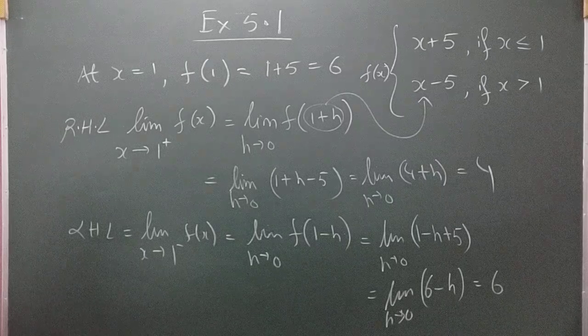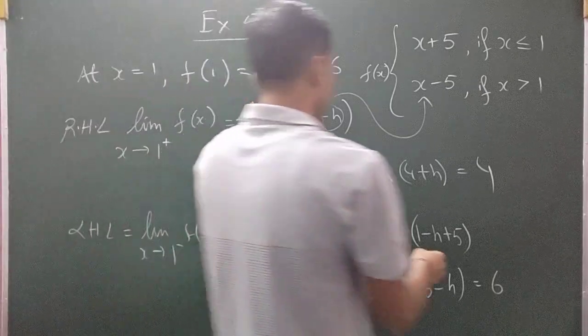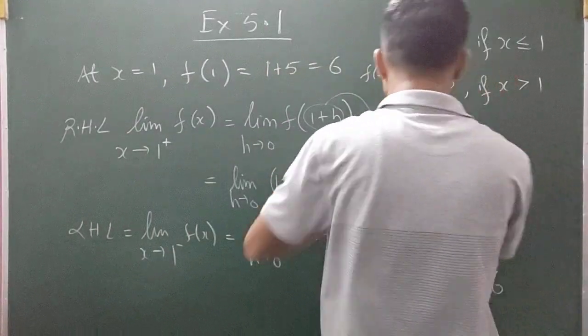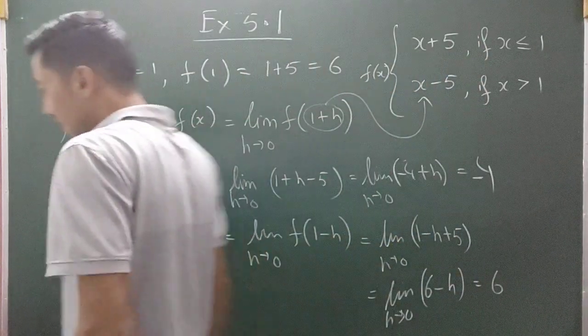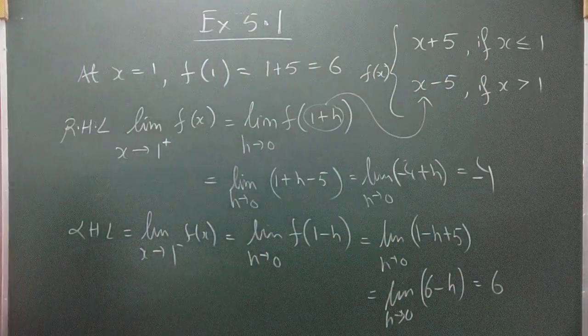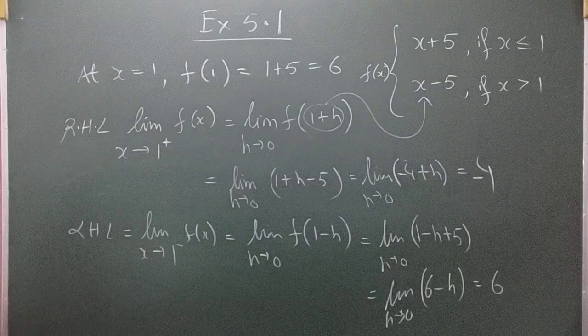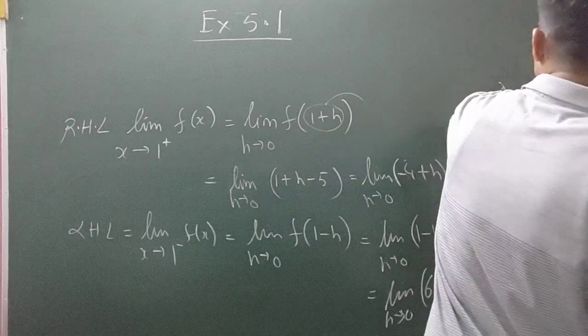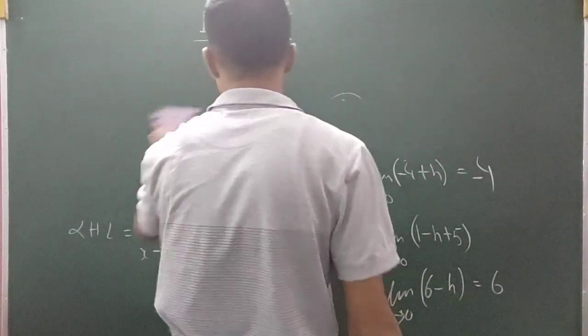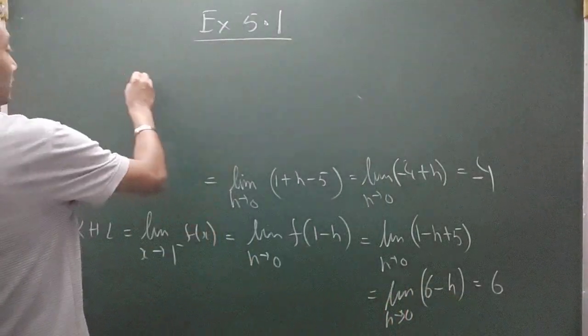Sorry, the right hand limit would be 4, not minus 4. So we can clearly see that the left hand limit and the right hand limit are not equal. So the function here is not continuous at x equal to 1. So it's not a completely continuous function.